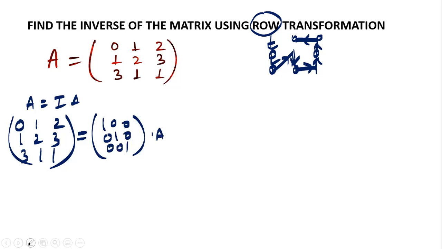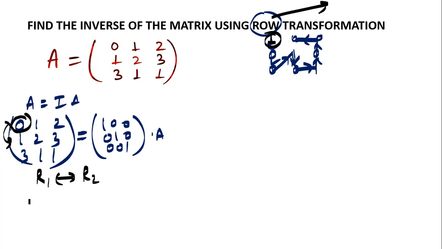First step is to make it 1. I have to make it 1 according to this pattern. So what can be done? Here I can interchange rows, and all the operations would be done in rows only. I can write R1 double arrow R2.